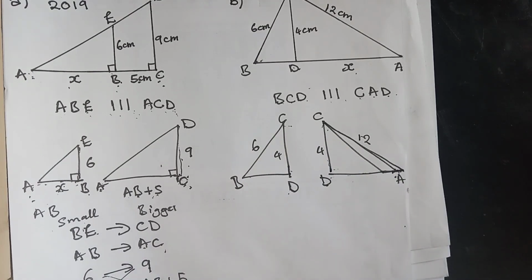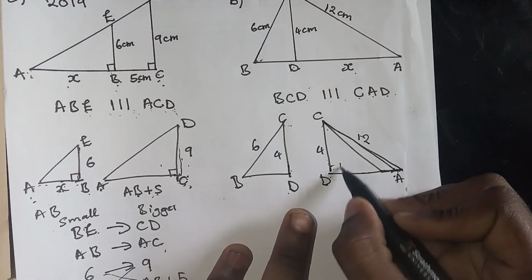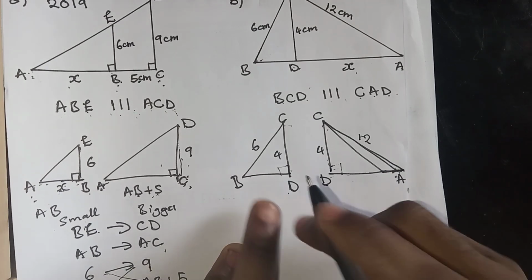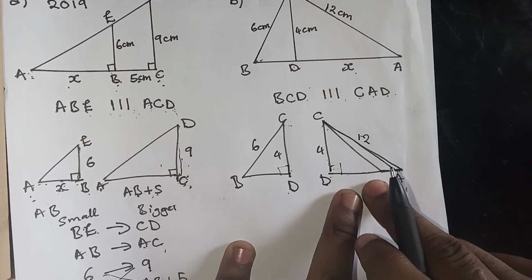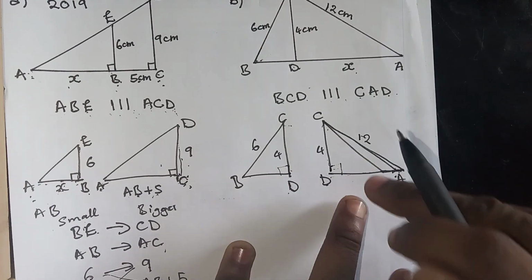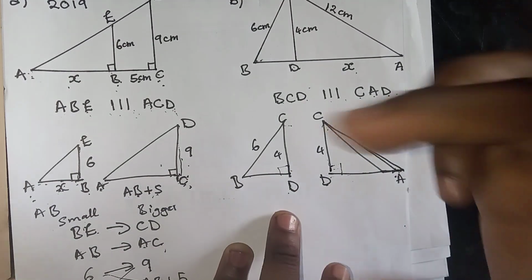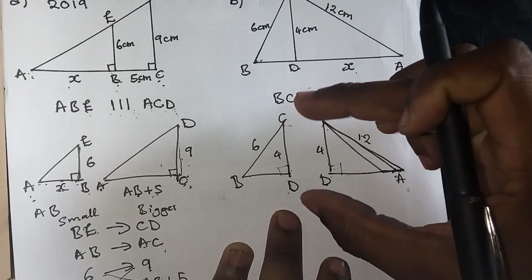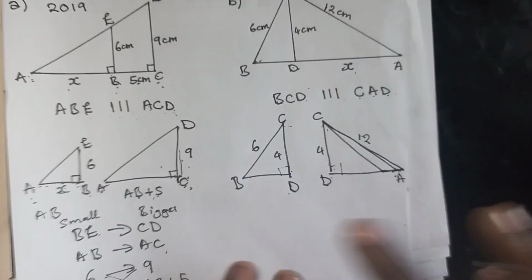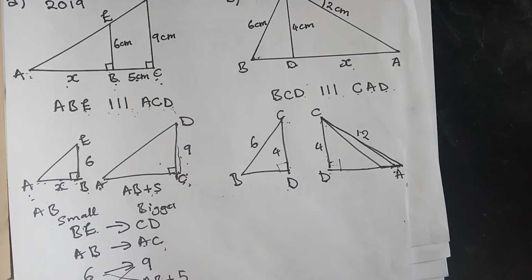To identify the related sides here, take note of this thing which looks like a right angle, and then observe the longest side on this triangle and the longest side on this triangle, the shortest side on this triangle and the shortest side on this triangle, the median sized dimension on this triangle and the median sized dimension on this triangle.